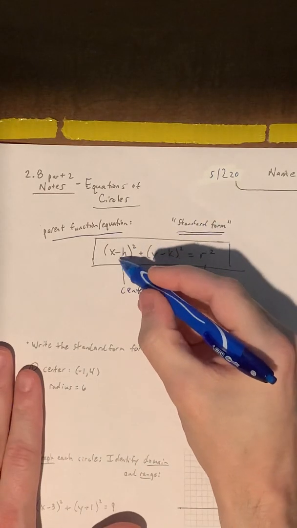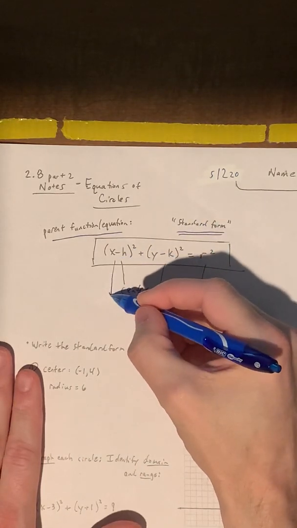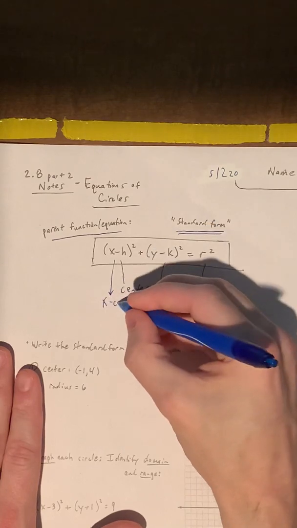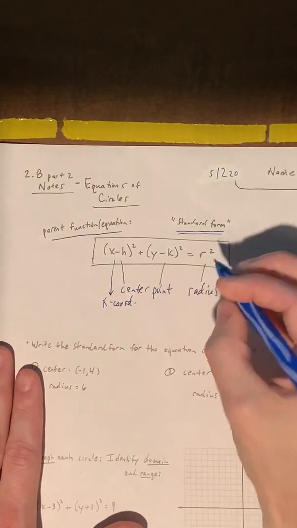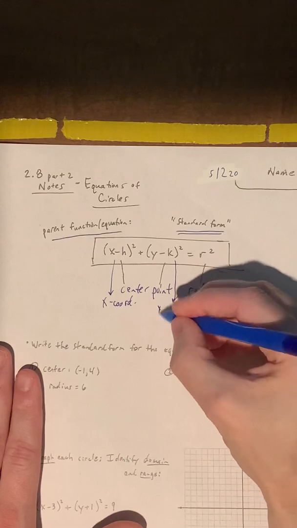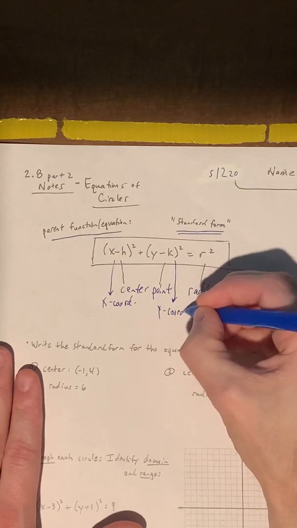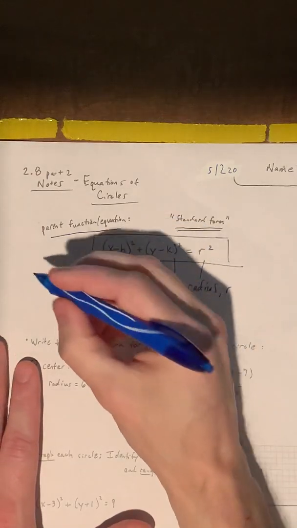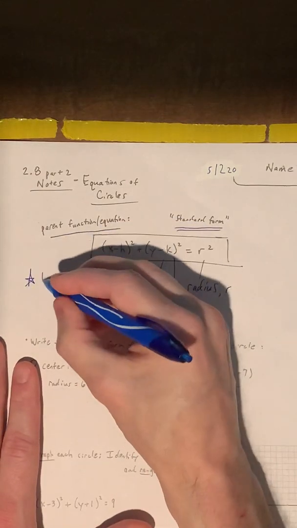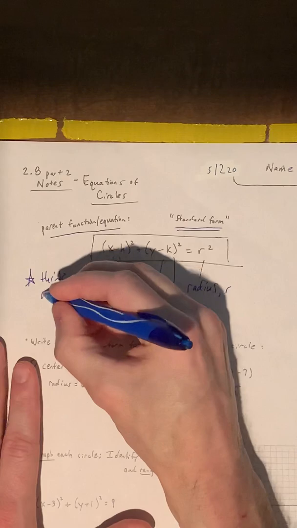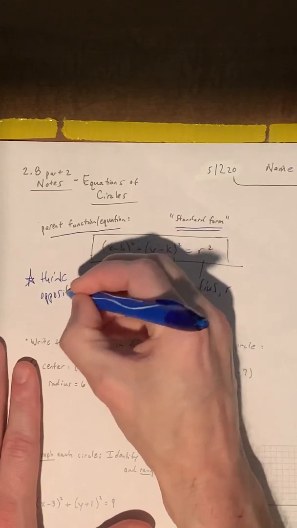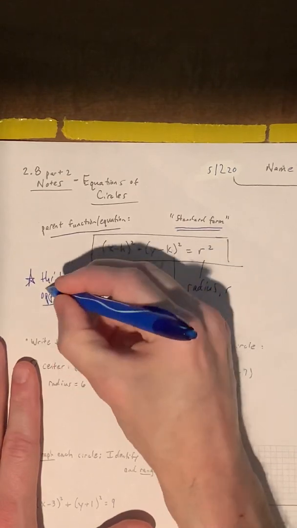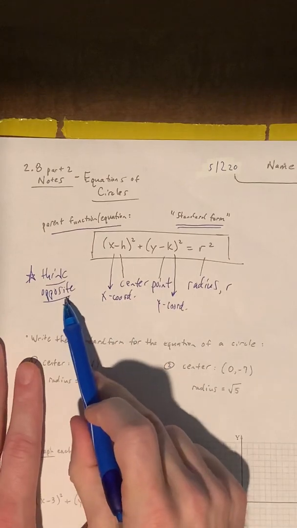So obviously, the parentheses with the x will give the x coordinate, and the parentheses with the y will give you, obviously, the y coordinate. But you do need to keep in mind that you need to think opposite. That's important, think opposite.